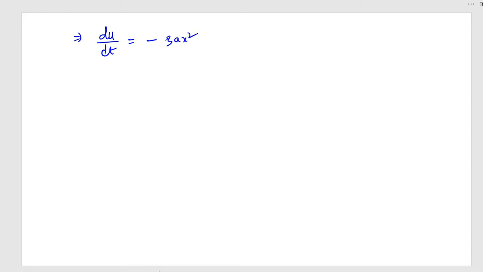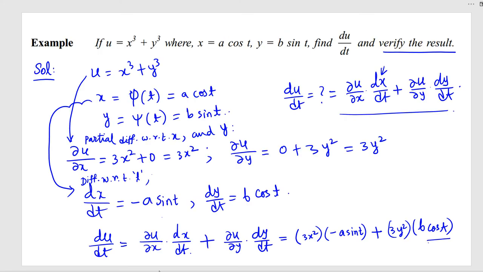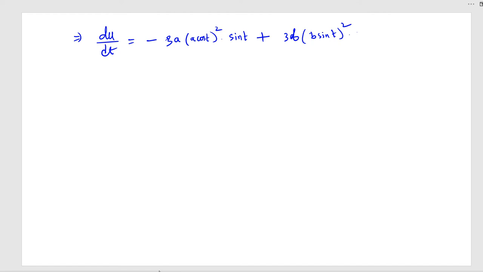In place of x square you can write, because x equals a cosine of t, times, already we have sine of t, plus 3b times b sine t, then whole square, times b cosine t, so this is cosine of t.